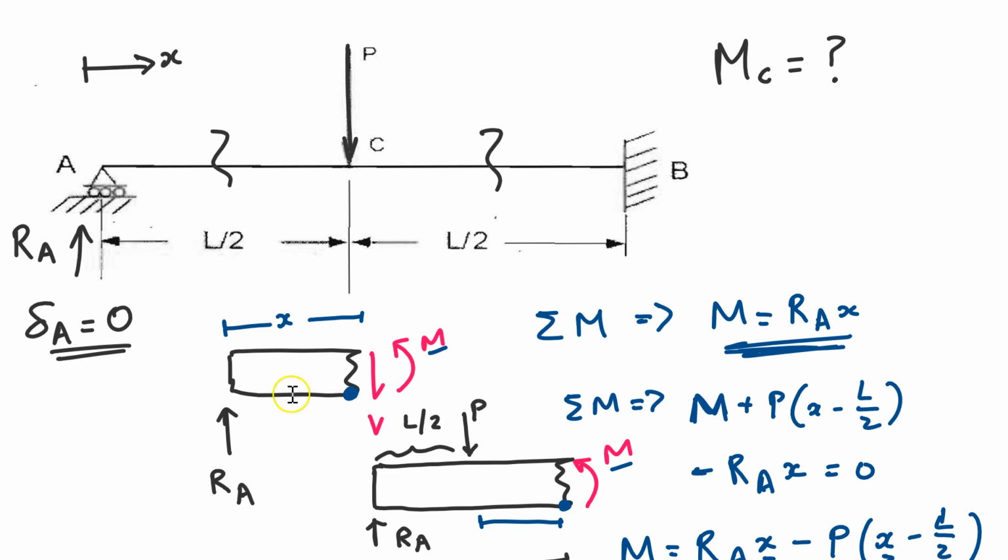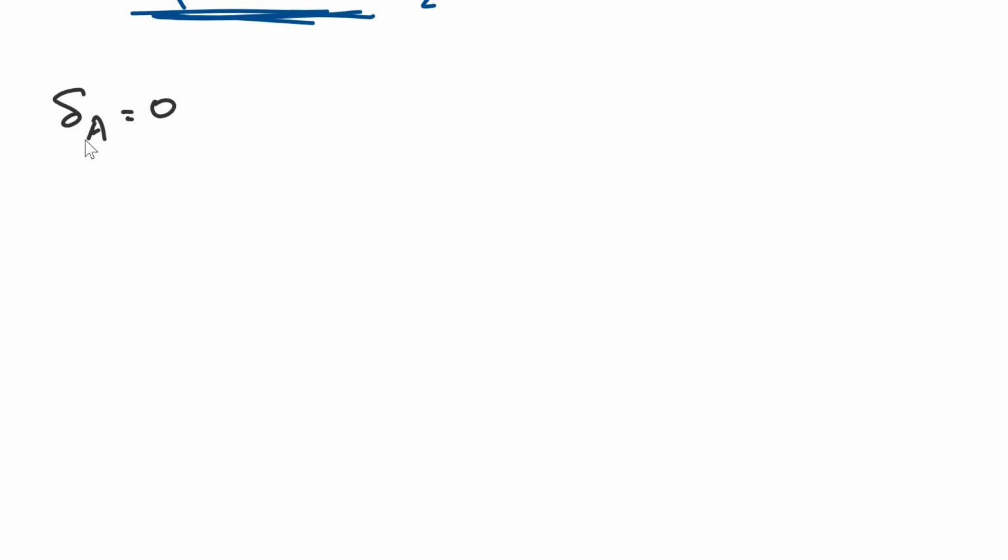So you might be tempted to put this unit load here, but we're not interested in the deflection at C. We're interested in the deflection at A, right? So let's redraw this guy. We are actually going to put this unit load at A. This is very important. And this load at C is gone. It's completely gone.